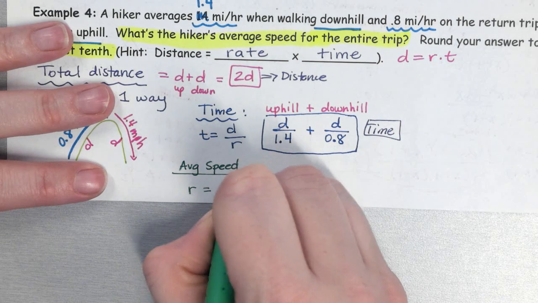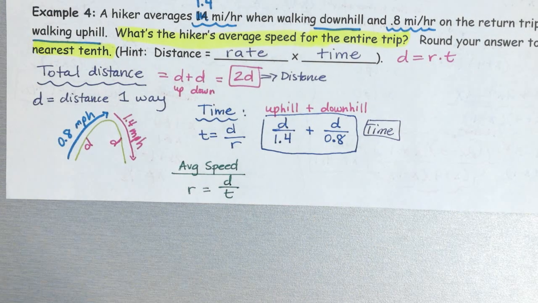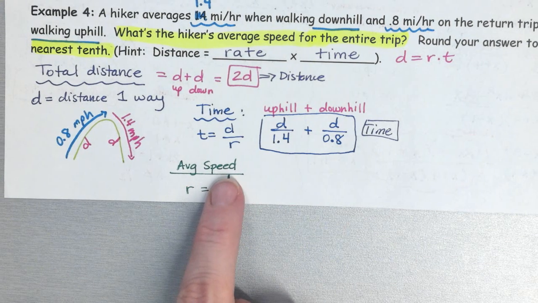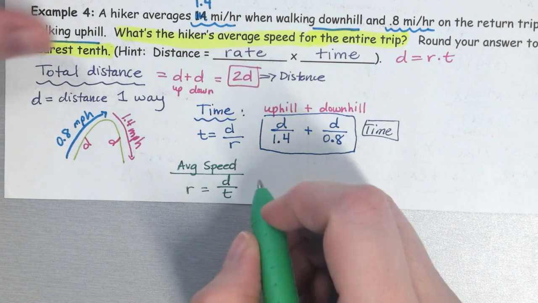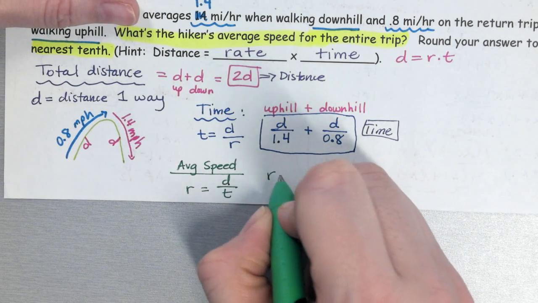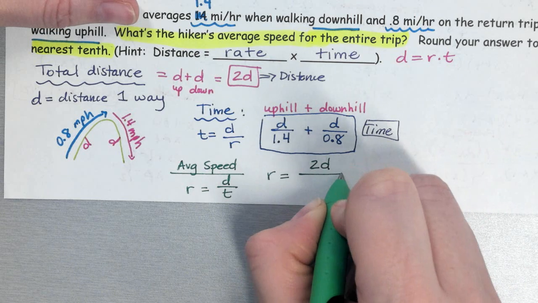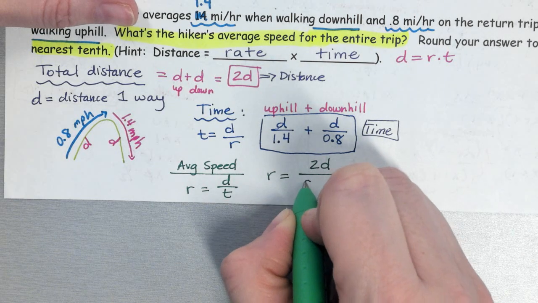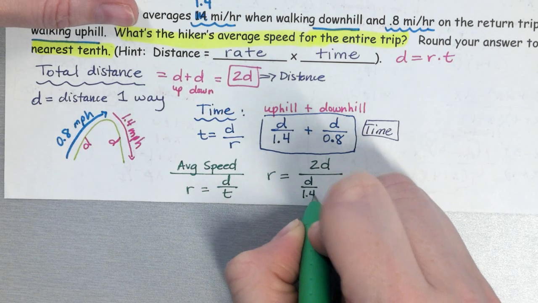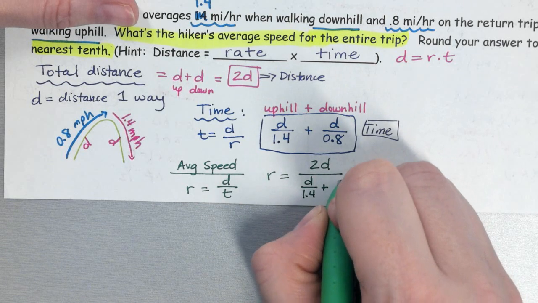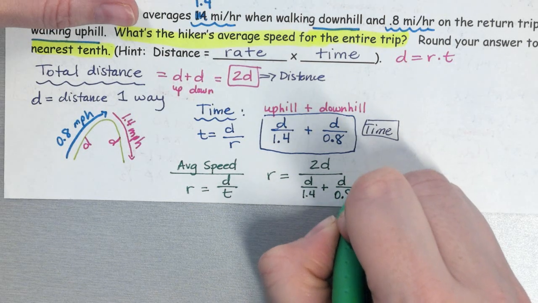So the distance divided by the time. For the average speed, we're going to take into account the totals. So the rate is going to be the total distance, 2d, over the total time, which is d over 1.4 plus d over 0.8.